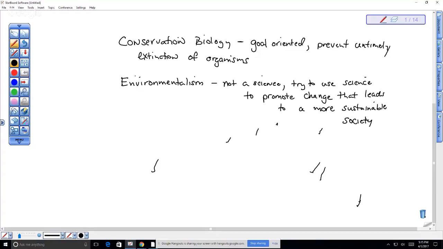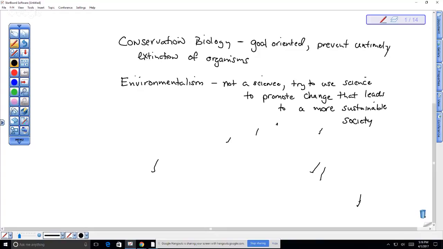Okay, so it's really important to realize, and you'll notice this as you go through the book, you'll be like, well, I thought we were studying biology, but they're talking about economics. Or I thought we were talking about biology, but here they're talking about history or philosophy or any other kind of political science ideas.